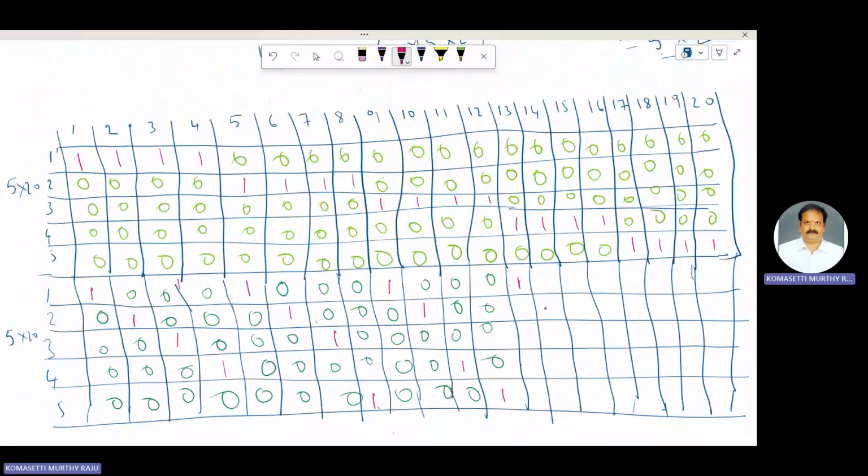Here put 1 here. For the 14th column, one more important point here.